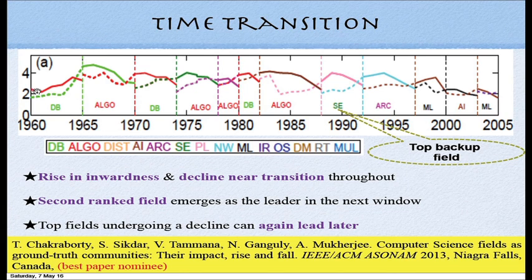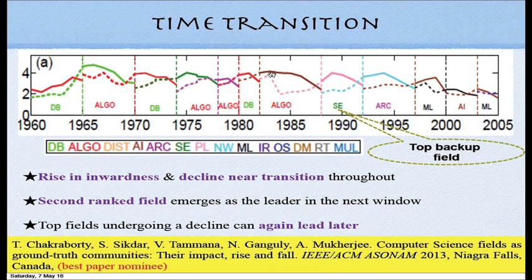So, the top one and the second one. The top one in the first few years, as we see, is algorithms followed by databases. Then in the next few years it is databases followed by algorithms, and it keeps on going like this.